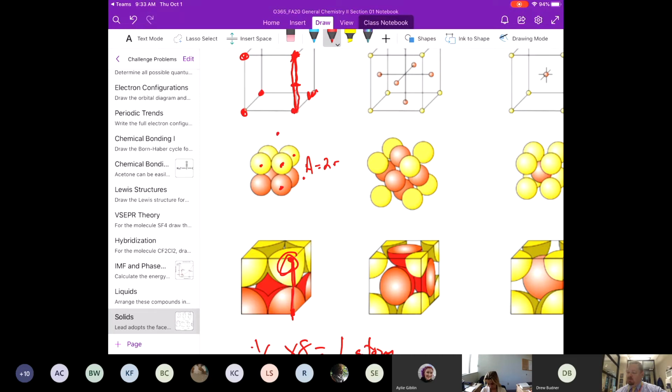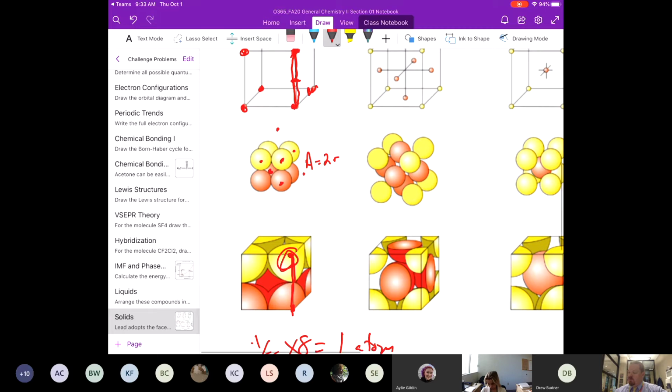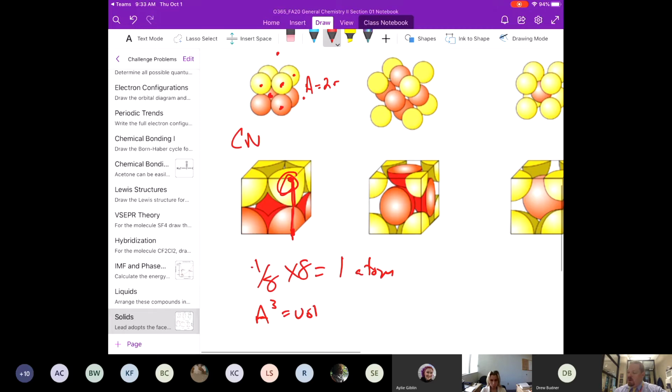And then there's one out on this side, which I don't know how to draw, out in front of that. So this has what we've referred to as a coordination number of 6. It has 6 nearest neighbors surrounding it.